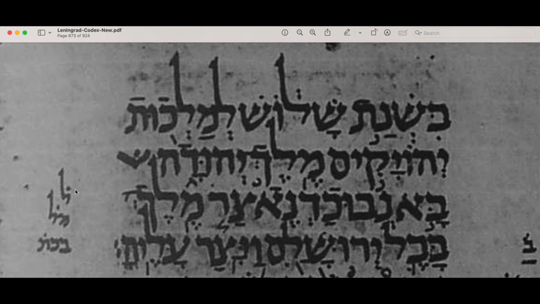But notice it's there is not another, or one time, malay, mem lamed. Malay means full spelling, and what's meant here is the fact that the u vowel is written plane vav, or malay vav. It's written with the vowel letter rather than without it.